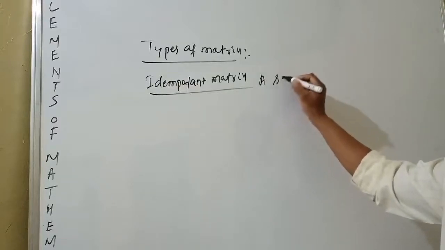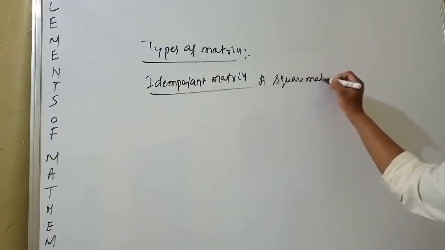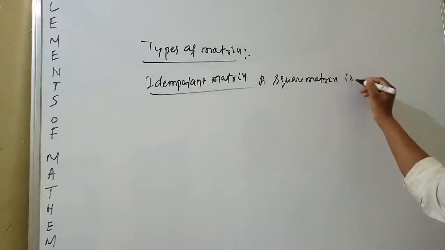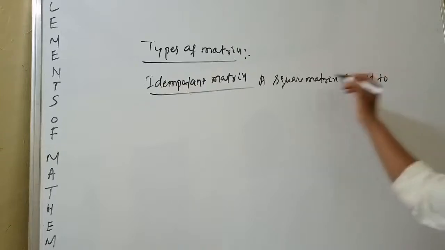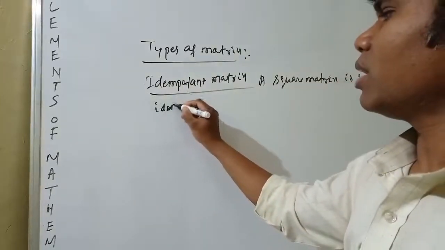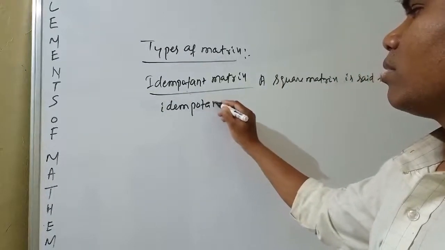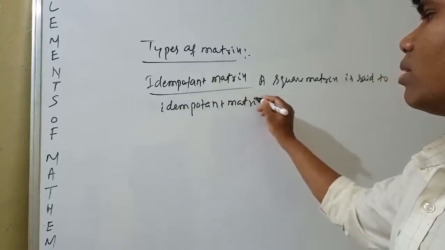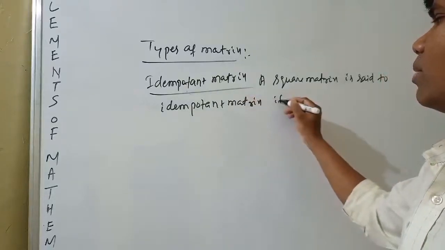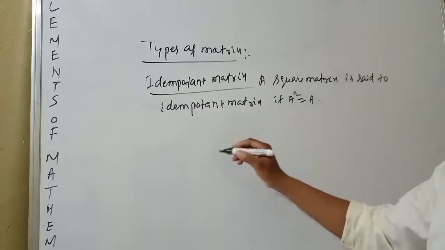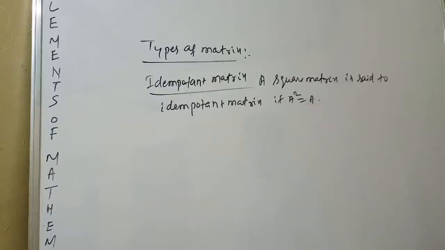Idempotent matrix. A square matrix is said to be an idempotent matrix if A square is equal to A. If A square is equal to A, the matrix is called an idempotent matrix.